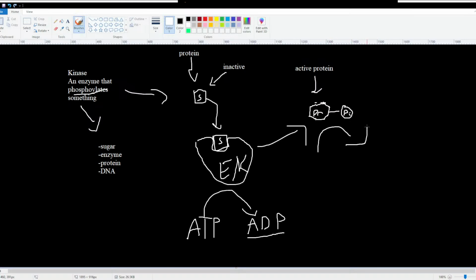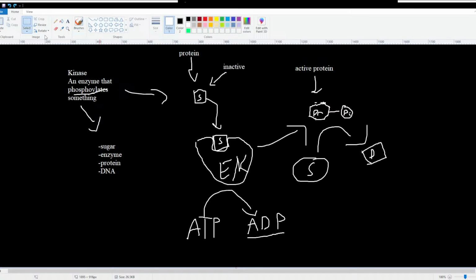We could have other substrates come into it and come out as products, all because it was phosphorylated. This phosphorylation activated the protein, so now it can interact with other particles. All from just adding one phosphate group, which is pretty fascinating in my opinion. But anyway, those are kinases and phosphorylation.